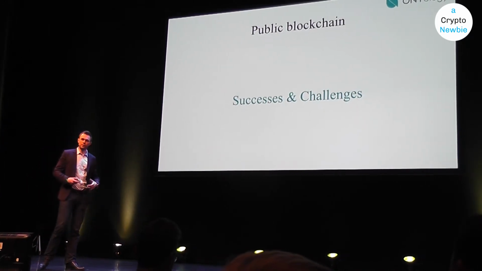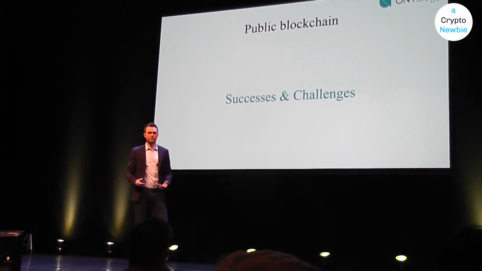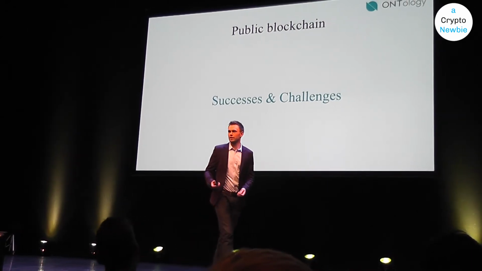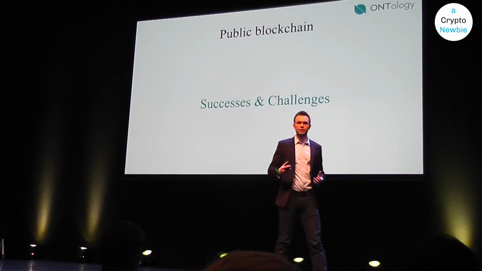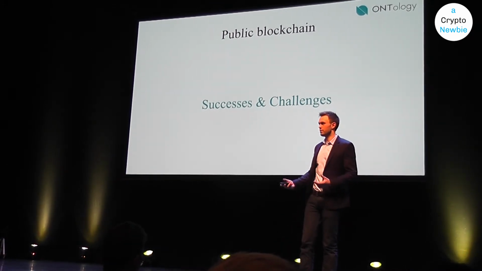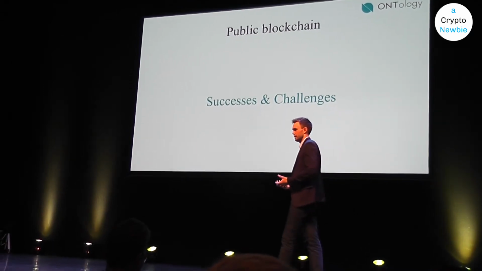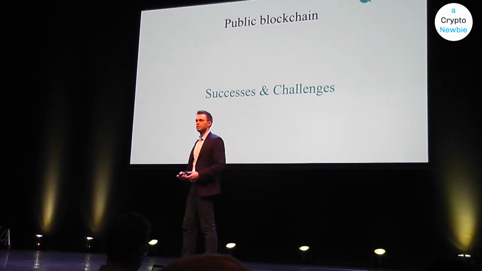But we also saw that these huge amounts of transactions per second, they clogged up the network. I guess that the crypto kittens is a very good example of that. And also, while doing these decentralized applications, they came up some problems when you really try to do some low-level customizations on a single chain. So that's some of the challenges that we try to tackle with ontology.